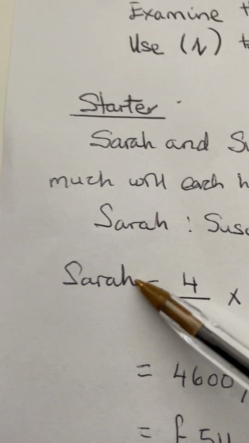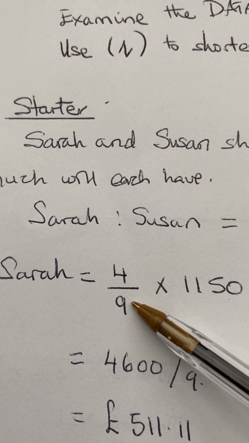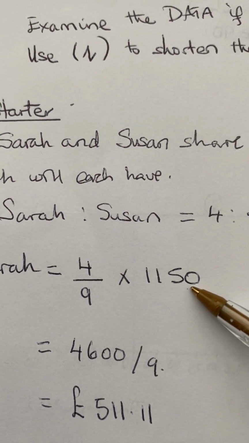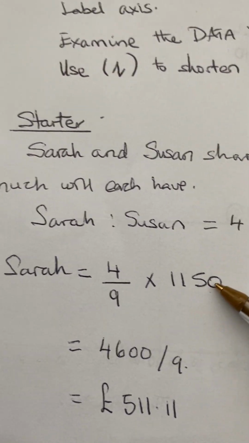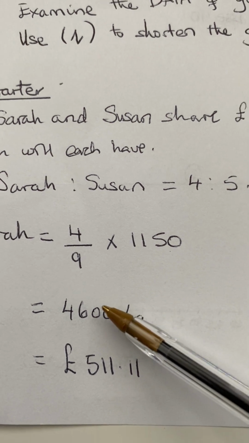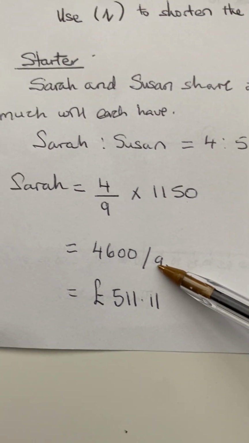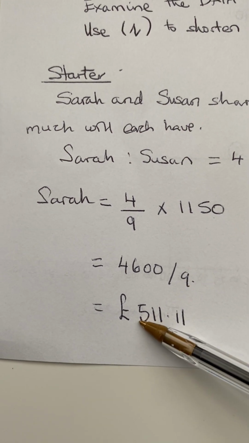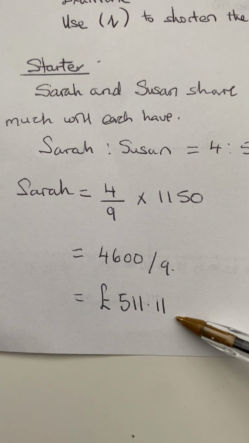So Sarah will have 4 divided by 9 times 1150. If you use the calculator, you get 4,600 divided by 9. So Sarah's portion will be £511.11.